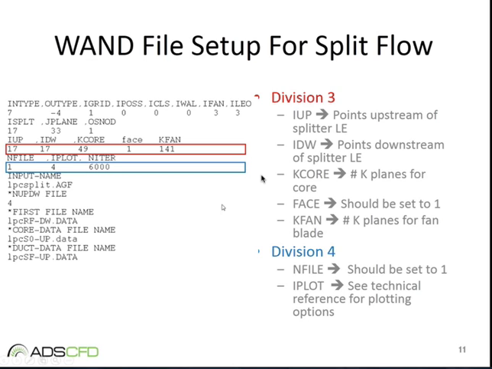And if you're wondering where we put in the number of K-planes for the bypass, we'll go into that in a moment. So here, for the next row, end file should be set to 1. The iplot can be set to whatever you want for a plotting output, as well as the number of iterations for whatever you want.